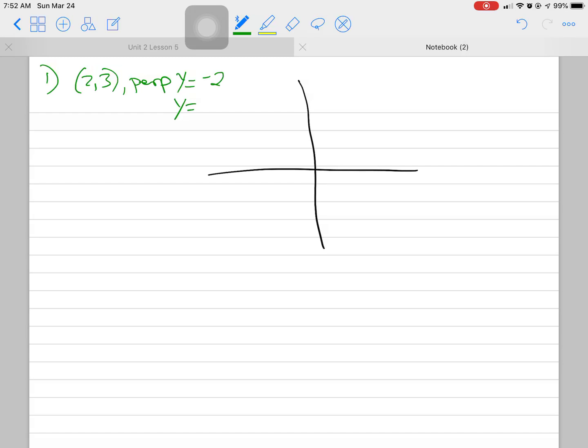Think about that. That's the same as 0x minus 2. Right here is a 0 slope, okay? And also, what's that then? That is my b. So where is b? b is negative.